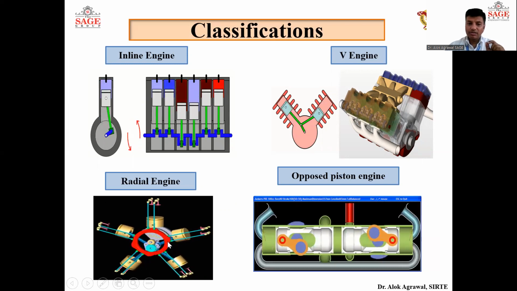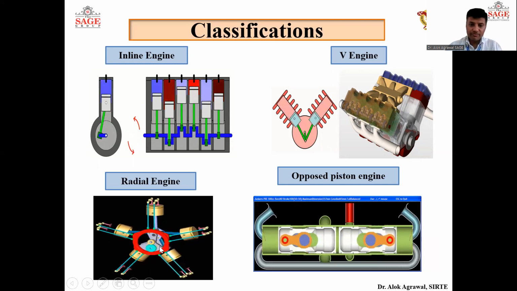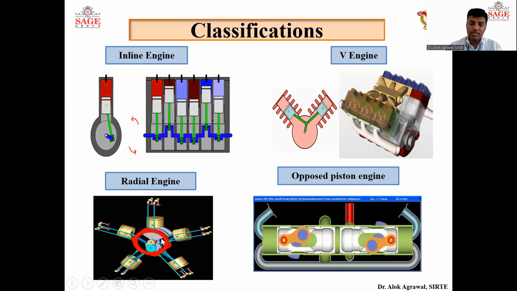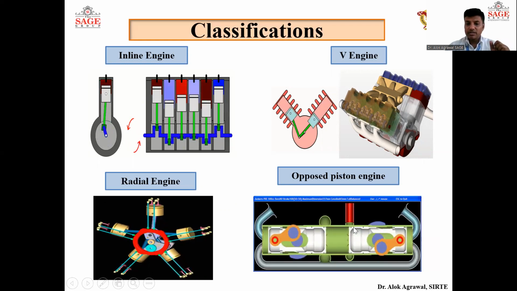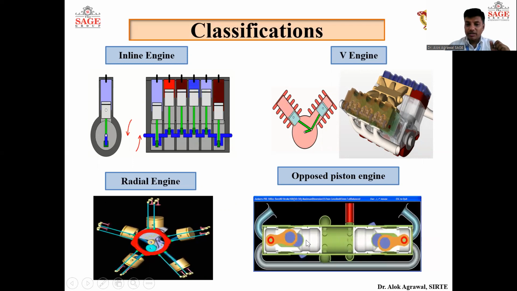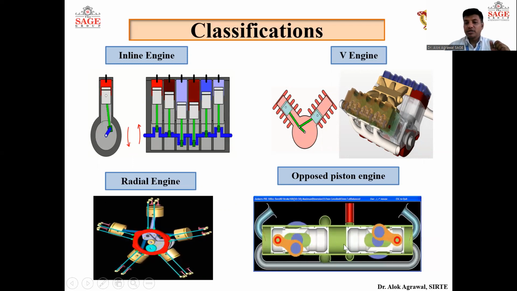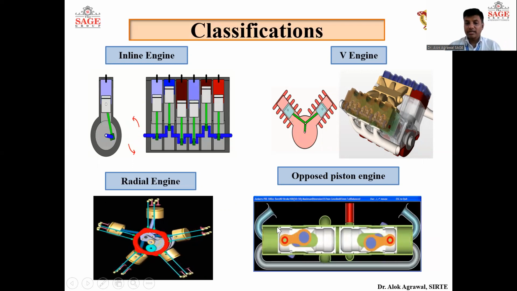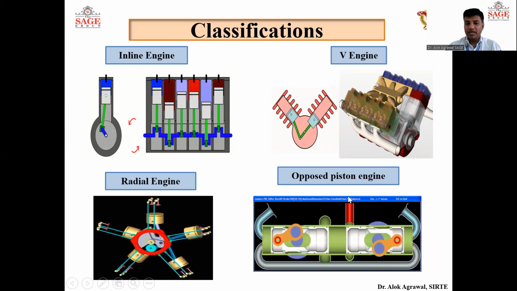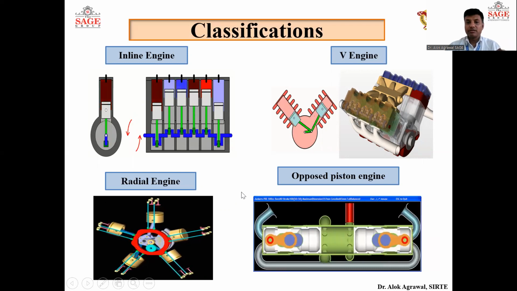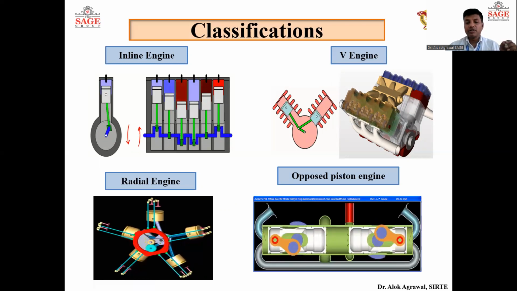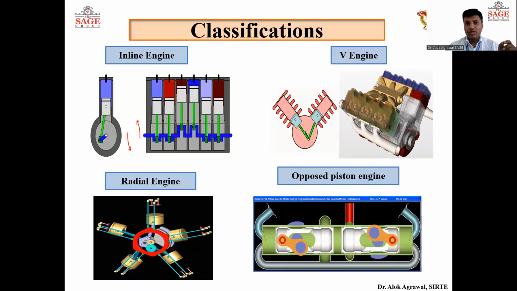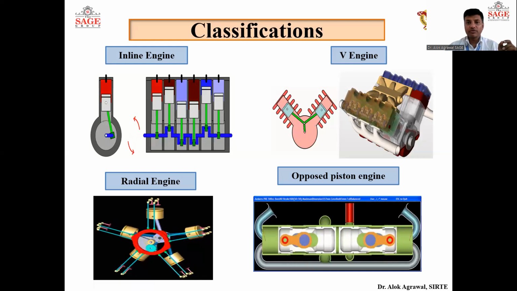It depends whether it is a 5-cylinder, 4-cylinder or 6-cylinder engine. And this one is the opposed piston engine, where the pistons move opposite to each other, and the 2 cylinders are arranged like this. So these are the main 4 types of engine on the basis of arrangement of piston or cylinder. So this is all about classification of engine.